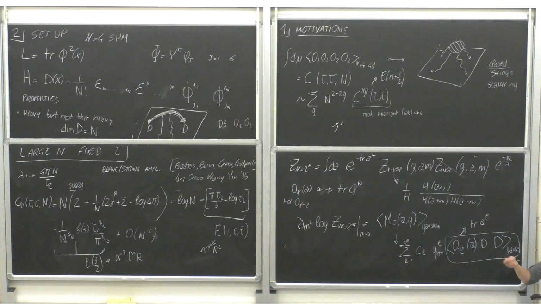And this object can be computed using Wick contractions. Okay? And so for each order in perturbation theory, you have to compute these 3-point functions, which are fixed by supersymmetry.